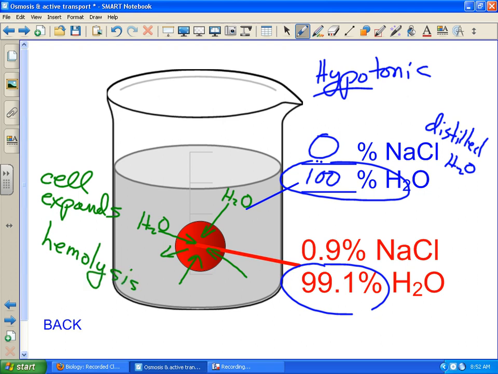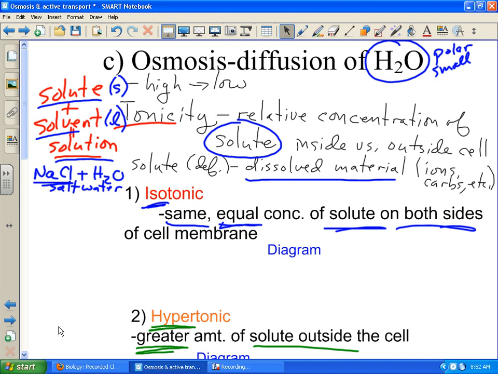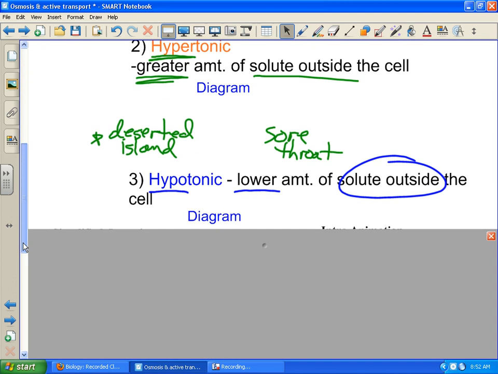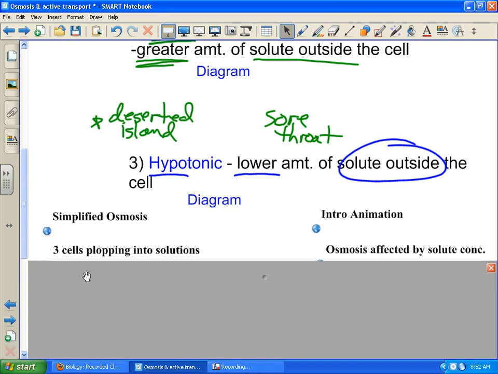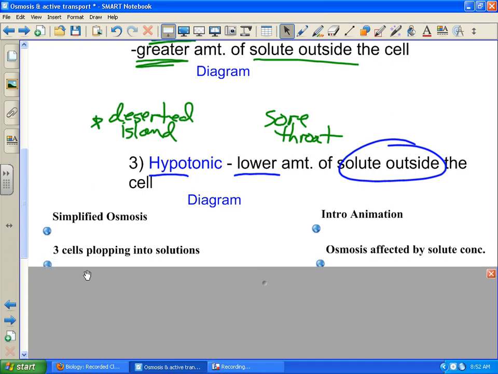And this is called hemolysis. Okay, hemolysis is the condition where the red blood cells could expand to the point that they actually would burst under the pressure. Okay, that's not a good situation either. The way osmosis works is the water will always go from high concentration to low concentration.